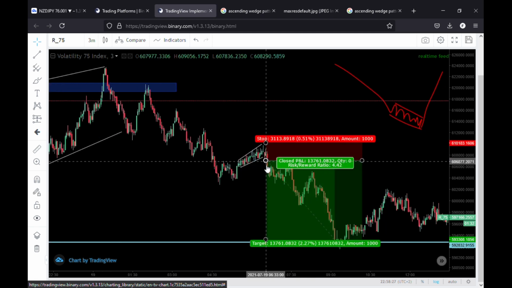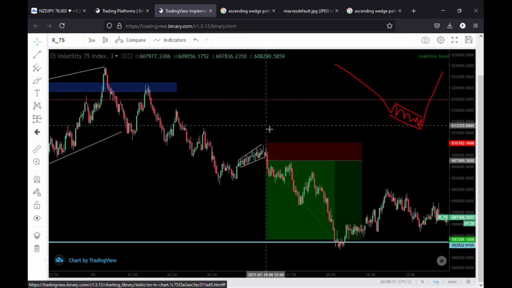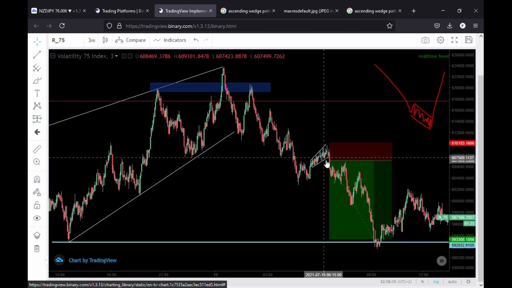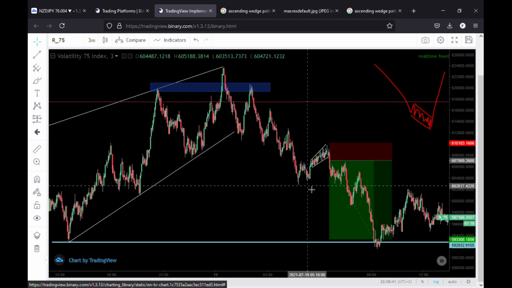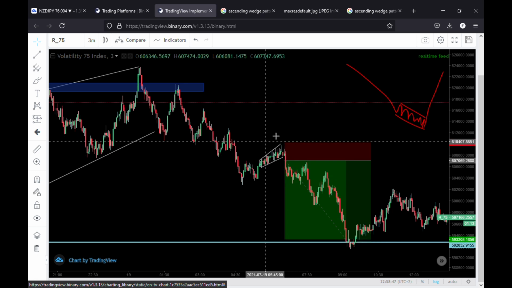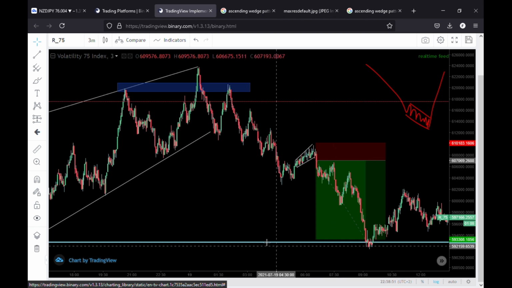So I saw that once price breaks out of this corrective pattern, I'll sell. Once I saw this very long candle, I placed my sell order with my stop loss up here. And then later during the day, my take profit was hit.